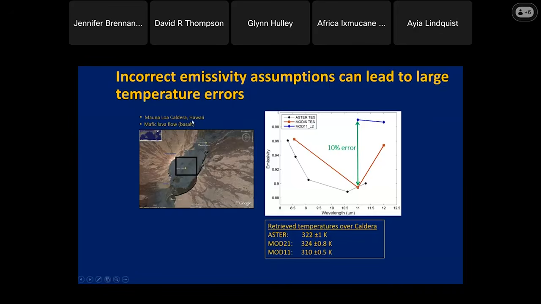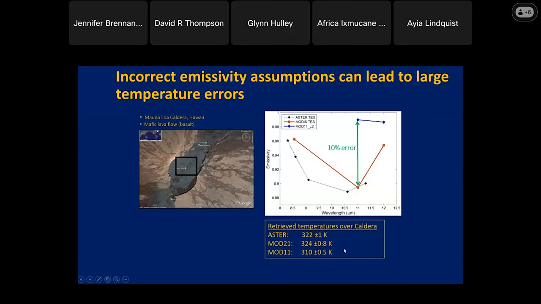This is the Mauna Loa caldera in Hawaii, which is a large basaltic solid surface. And for example, the split window algorithm for MODIS, here shown in blue, assumes a really high emissivity, which is incorrect when you look at the actual retrieved values from the TES algorithm, here shown in red and in black from ASTER. And you can see it's about a 10% difference here in emissivity.